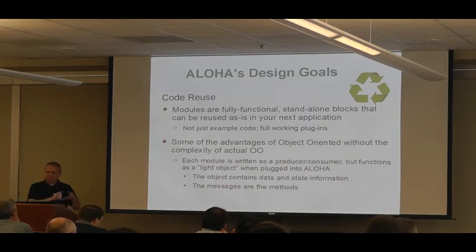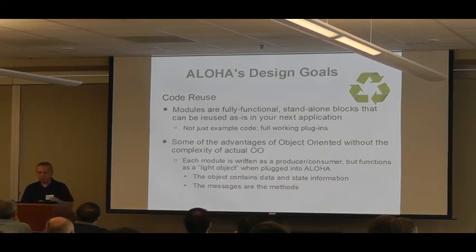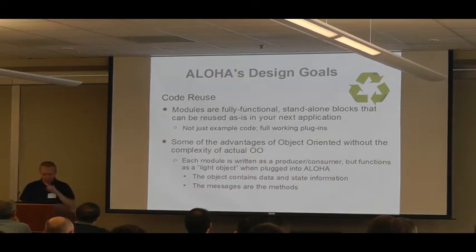So we have these agents that have their own state information, data that they're working with, and then there are methods, which are our messages on SmartCom that we use for all the other agents to talk to them. So we create an OO-like space without actually having the users be concerned with actual code.